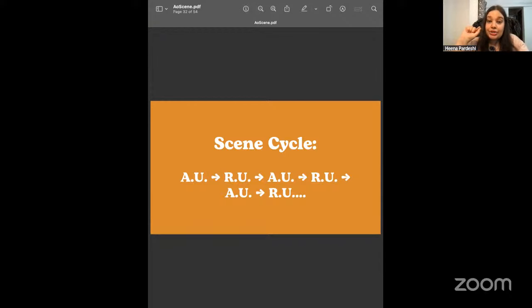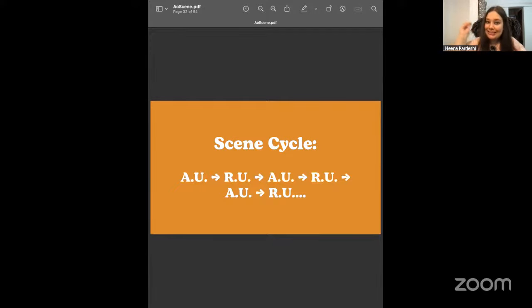If the action unit is doing, the reaction unit is feeling, thinking, and deciding. This is where the character reacts emotionally to what just happened, processes the consequences, reflects on the meaning, makes a decision based on new information, forms a new goal for the next action unit.